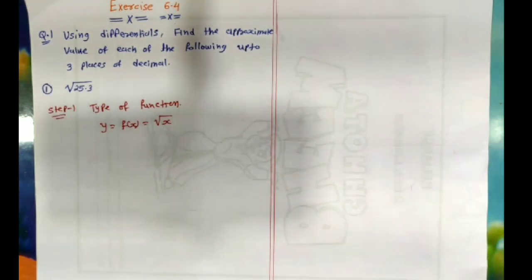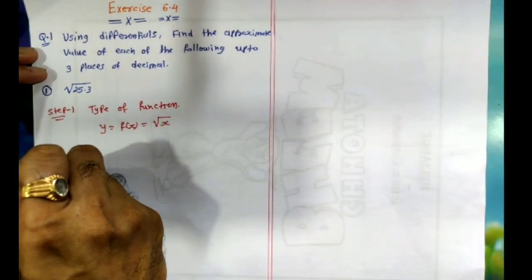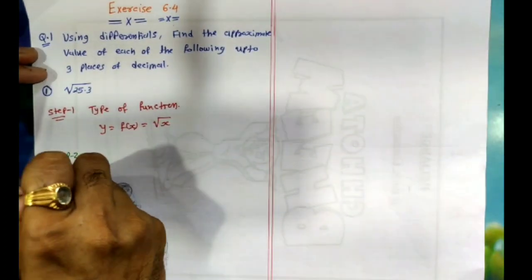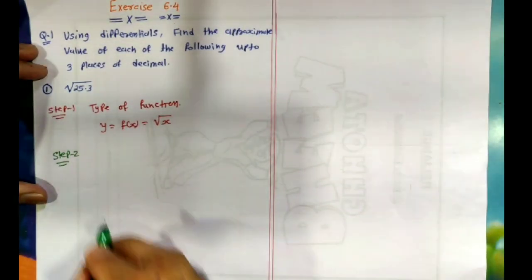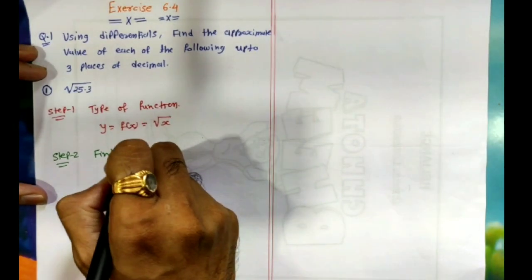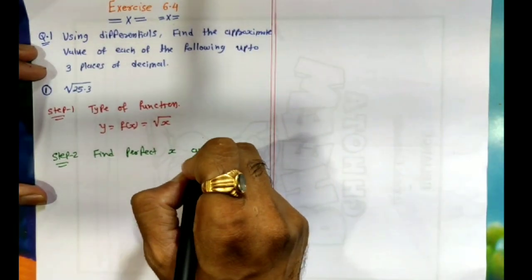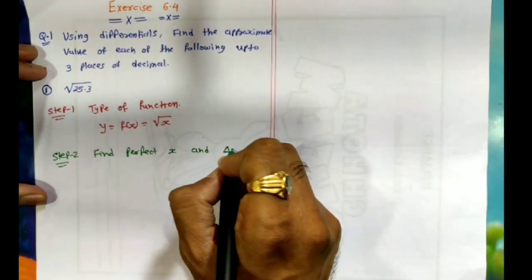Now step number 2 is to find the perfect x and delta x.